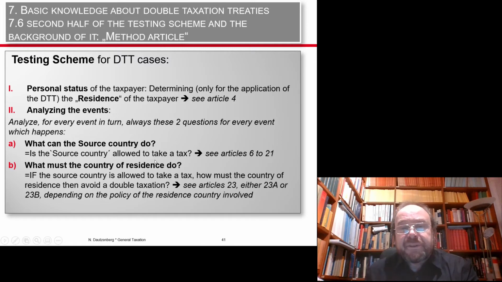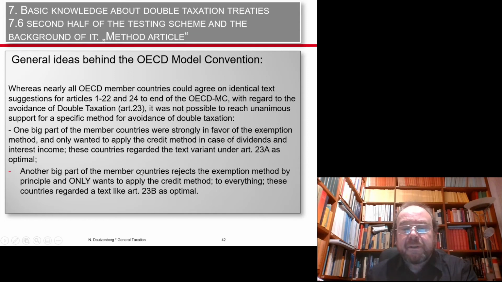So the OECD just recommended two different text variants, and the countries involved can select for their treaties which variant of Article 23 they are going to apply.